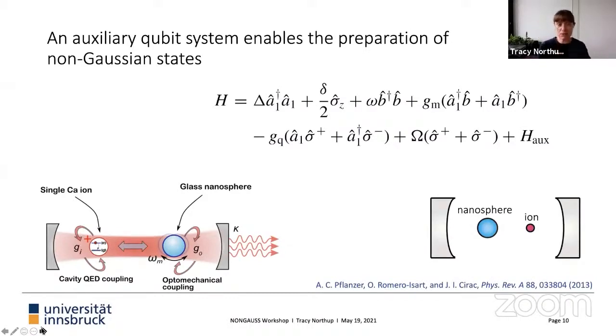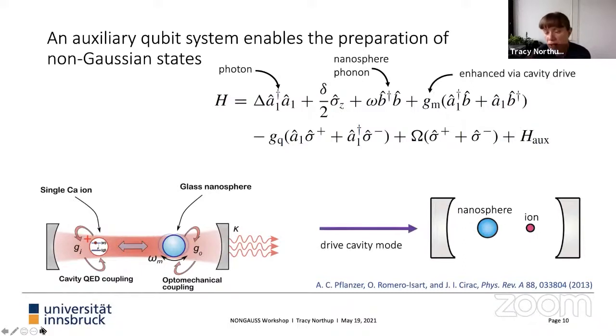And so I want to summarize the proposal that was made at the time. I've written down the key Hamiltonian from that paper, where what we see here is the photon energy. So there's a detuning here. We're working in a rotating frame. We have then the nanosphere phonon here, that is the motion of a particle.